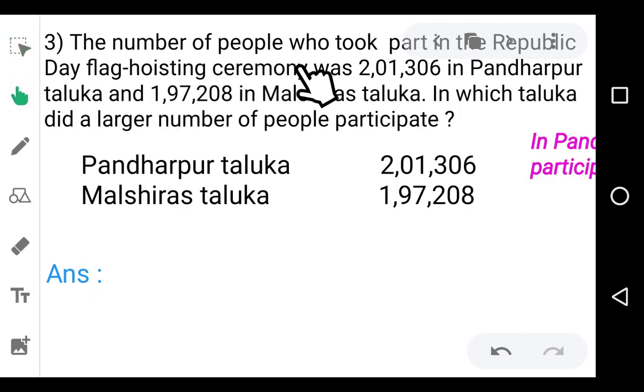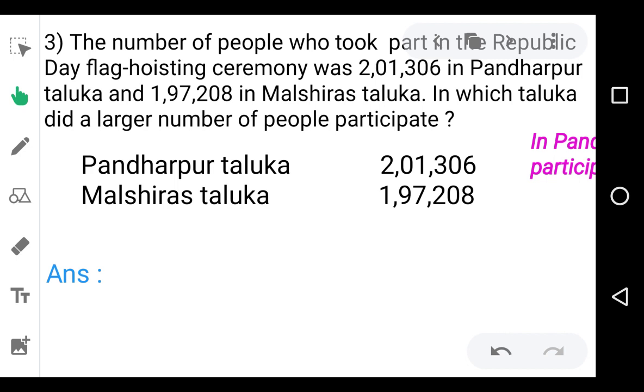The number of people who took part in the Republic Day flag hoisting ceremony was 2,01,306 in Pandharpur Taluka and 1,97,208 in Marshiraj Taluka. In which taluka did a larger number of people participate? See here, we have to tell in which taluka more people have participated.